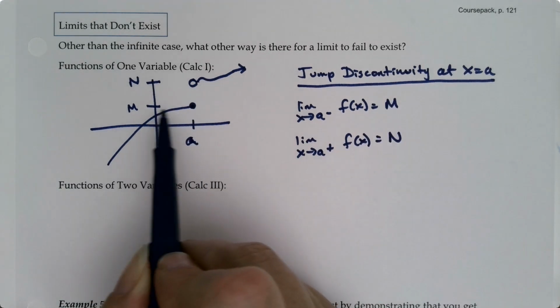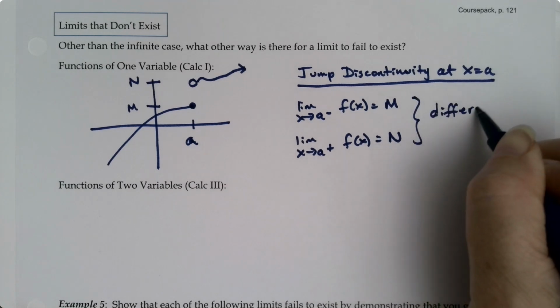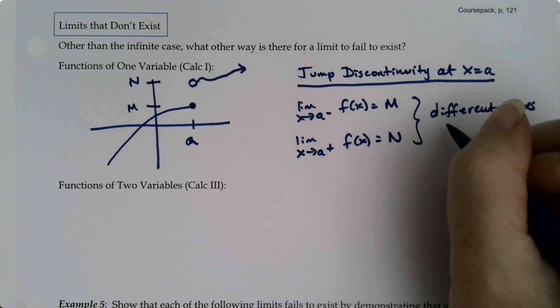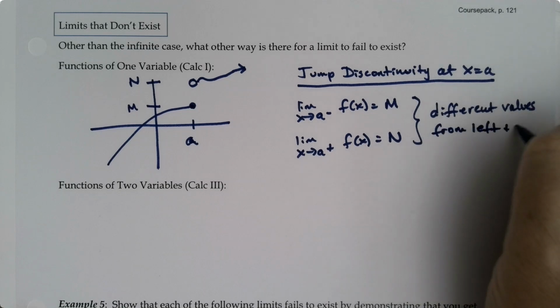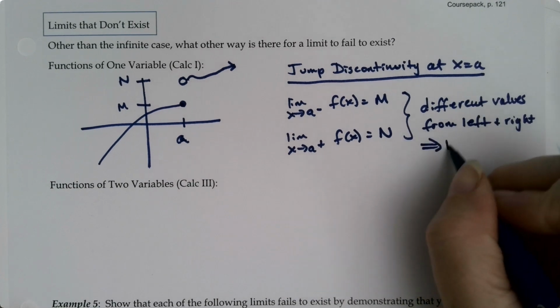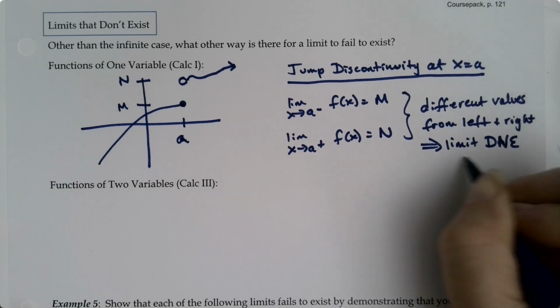So m is in Mary. And since these are different values from the left and the right, that proved that the limit did not exist. Does not exist. DNE.